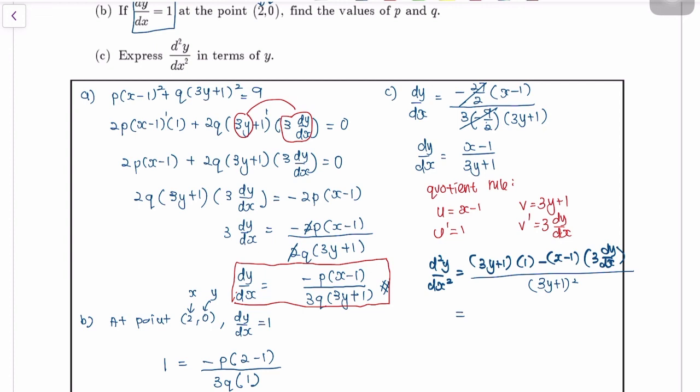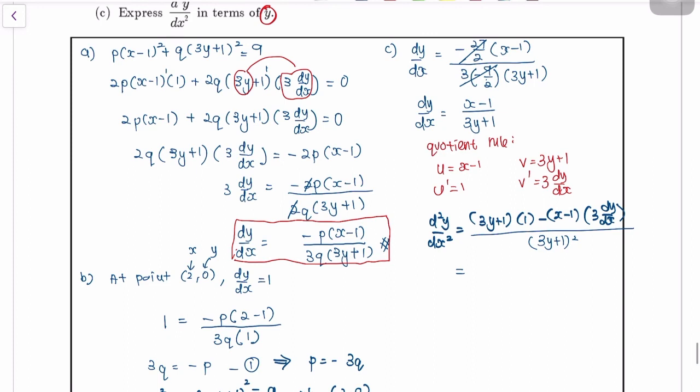Okay, since soalan kita nak in terms of y, so first kita akan tukar dulu dy dx kita lah. So 3y plus 1 minus 3(x minus 1), so saya tukar dy dx kita, (x minus 1) over (3y plus 1), over 3y plus 1 square.